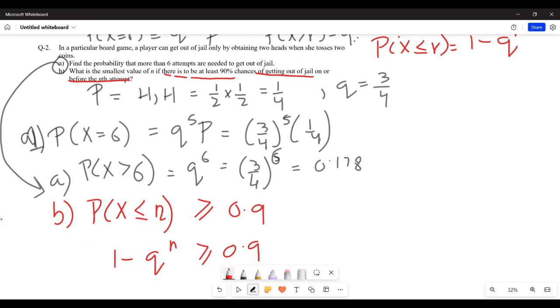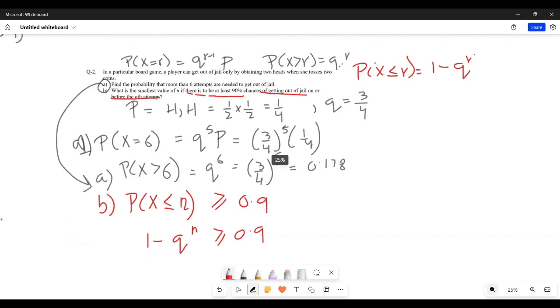Okay. Do we have Q here? If P is 1 by 4, then Q is 3 by 4.